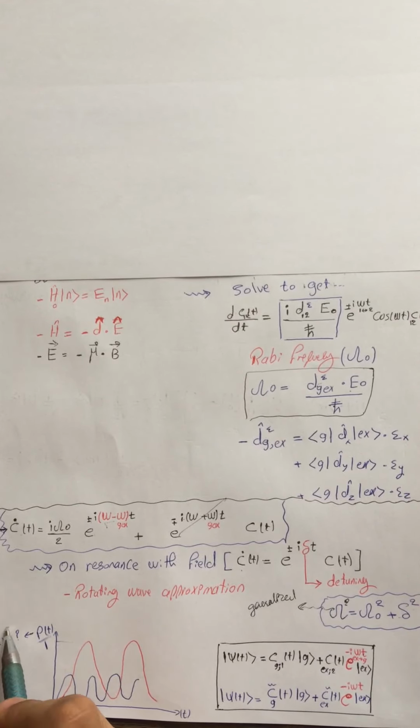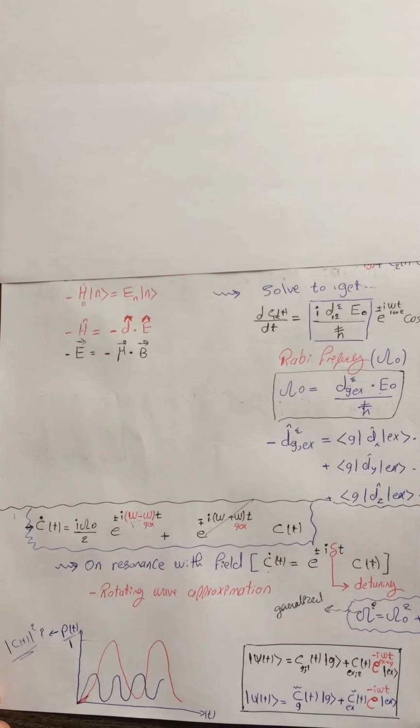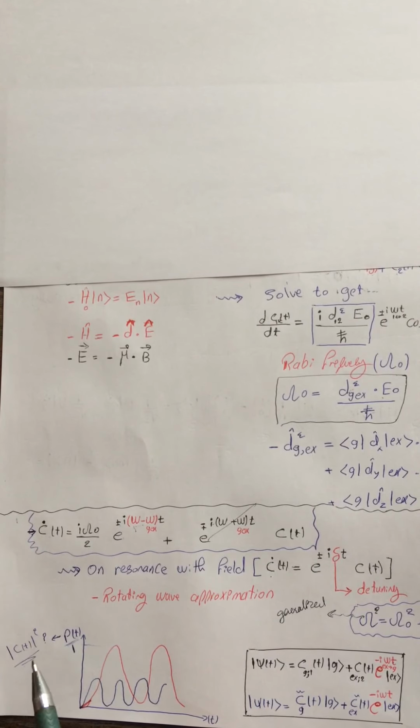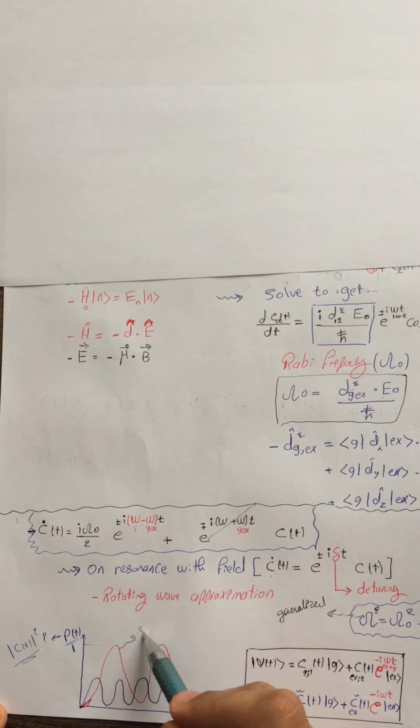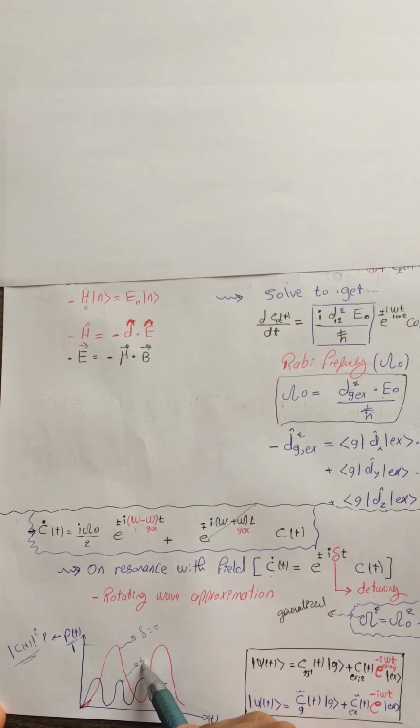If you square the modulus of the coefficient here, you find the probability to get to the excited state. This is the case where the detuning is 0, and this is the case when there is detuning. Let's say, for example, it's 5 omega, whatever. So you lower the oscillation, you lower the probability to get to the excited state. That's why the probability here decreases.